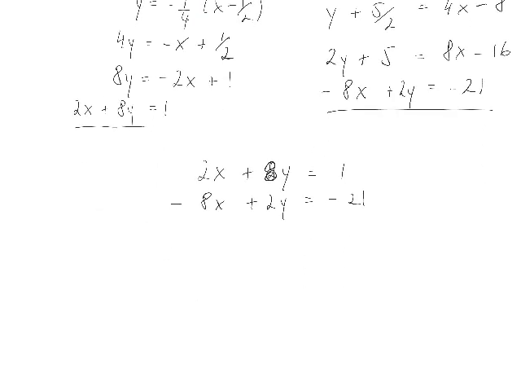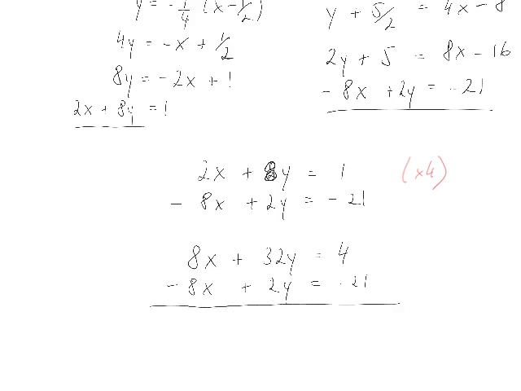Okay, so what I'm going to do is I'm going to multiply the top by 4. Okay, so that gives me 8x plus 32y equals 4, and minus 8x plus 2y equals minus 21. Okay, let's add the two together.